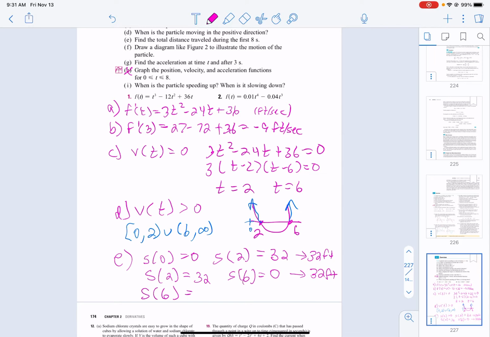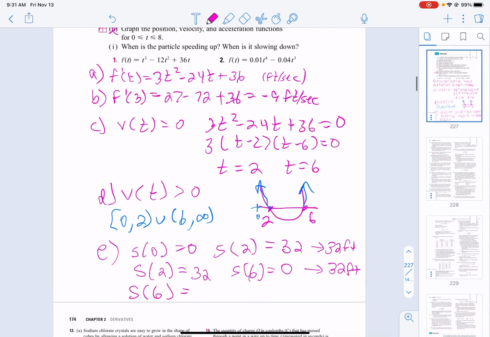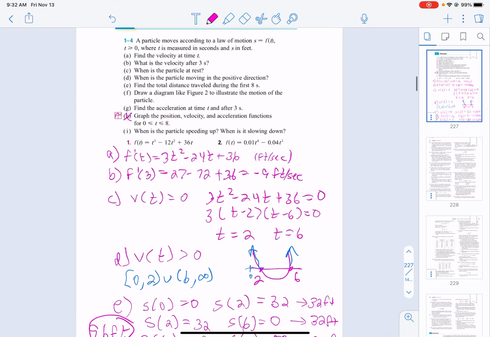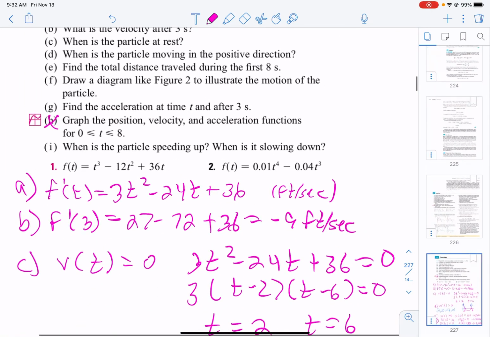Yeah, first 8 seconds. So it's at 0 at 6, and then at 8, it has gone another 32. Symmetry is a great thing. So then it's going to total another 32. If you add those all up, it went 96 feet total. So you have to do the forward motion and the backward motion separately and think about them separately.